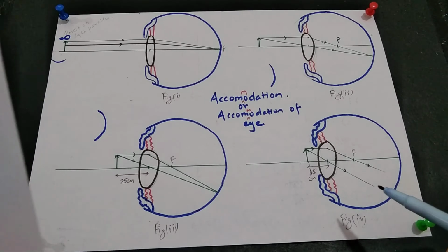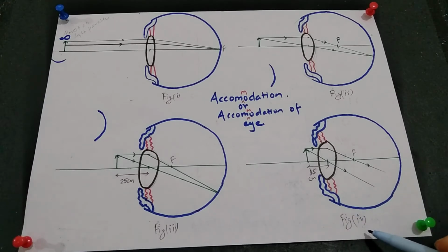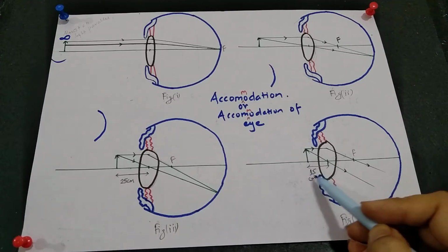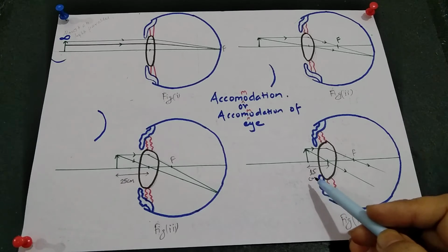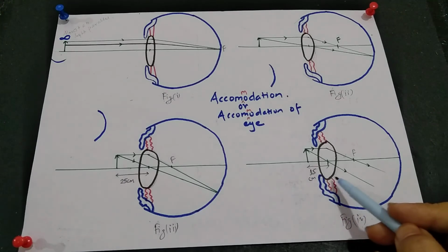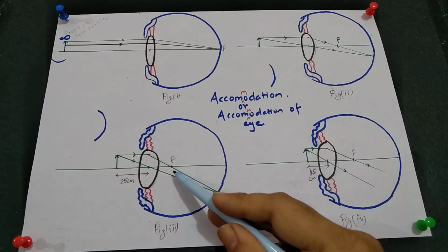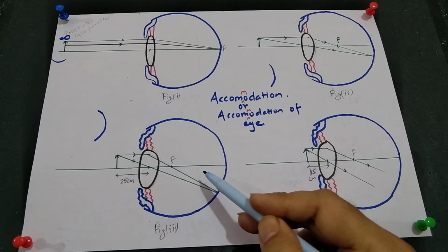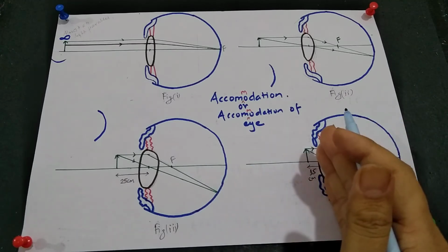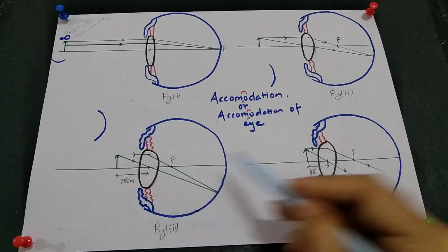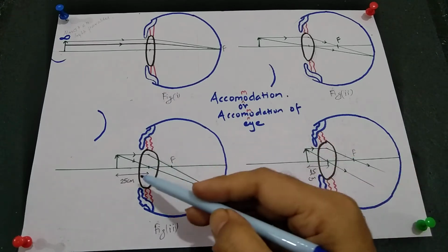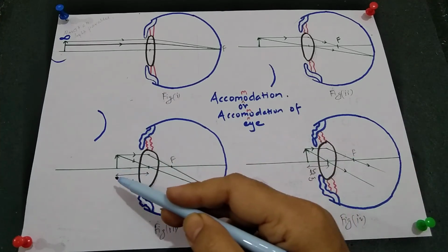Now friends, let's see figure IV. The object is at 15 centimeter away from the eye lens, but the eye lens is unable to decrease its focal length. See, the eye lens is unable to decrease the focal length. This focal length and this focal length are the same, but the object here is at 25 cm away from the lens.